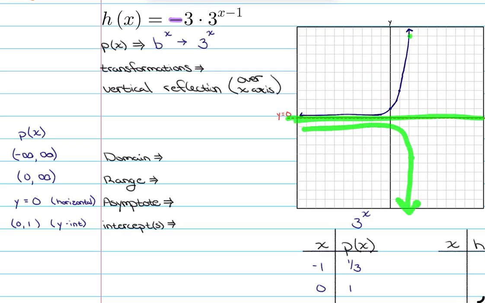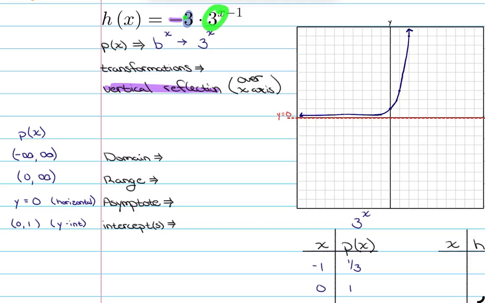The next part that I come across is this 3 right here. That 3 is being multiplied, there's your multiplication symbol, and is being multiplied by our parent function. I'm not taking into consideration this -1 because that's not a part of my parent function, but that 3 is multiplied times our parent function.